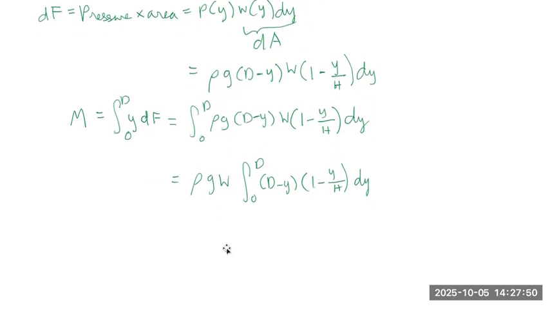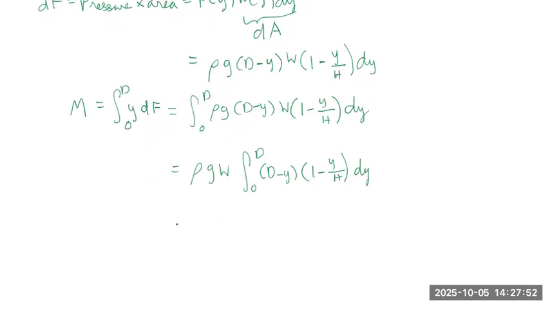And from here, we can simplify further by expanding the inside part, which will give us d minus dy over h minus y plus y squared over h dy.